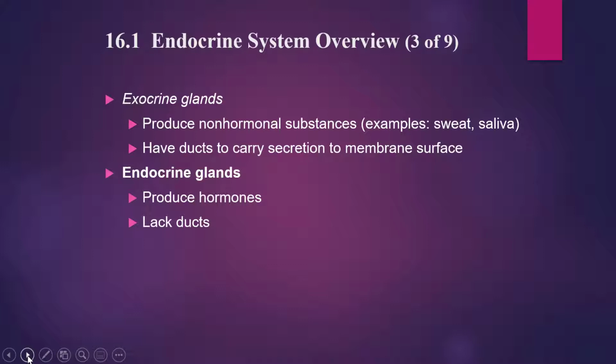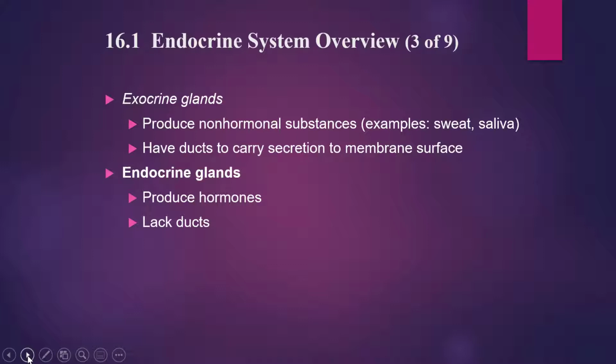We have two major types of glands. In A&P 1, you were introduced to the exocrine glands. These are glands that produce non-hormonal substances, for instance, sweat glands and the salivary glands. They have ducts to carry secretions to the membrane surfaces.